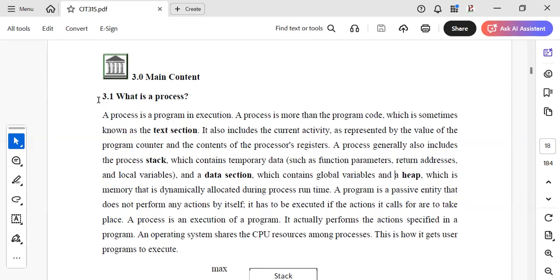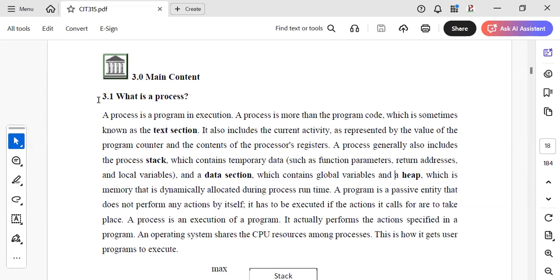The program is a passive entity that does not perform any action by itself. It has to be executed. A process is an execution of a program. It actually performs the actions specified in a program.